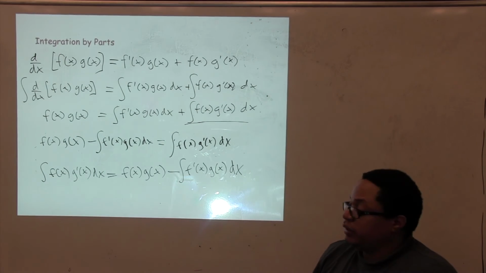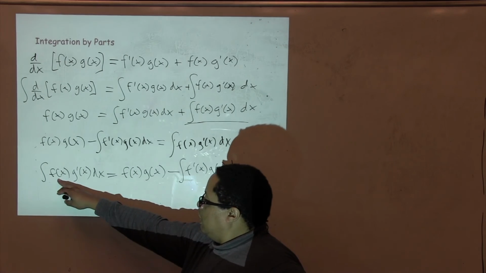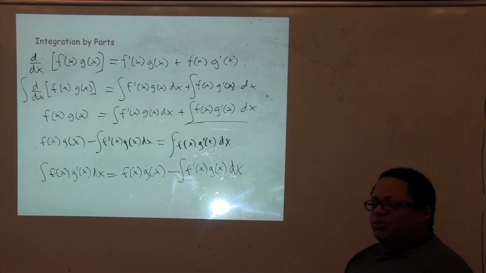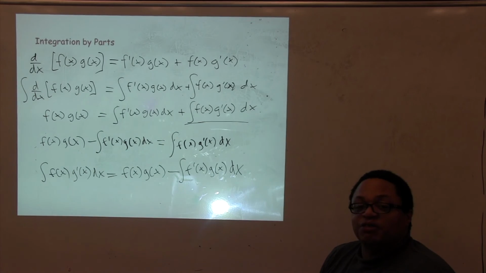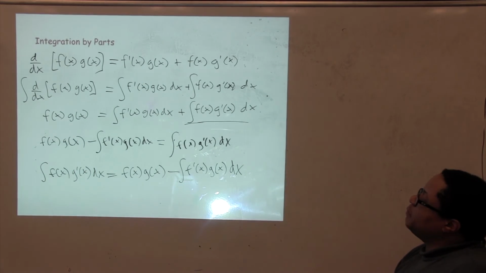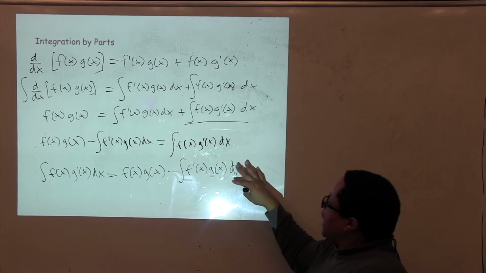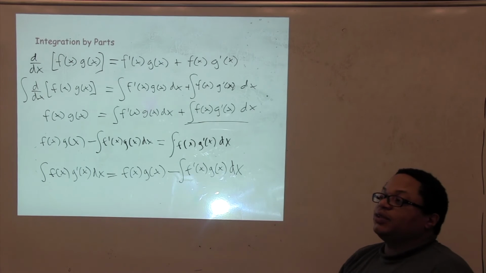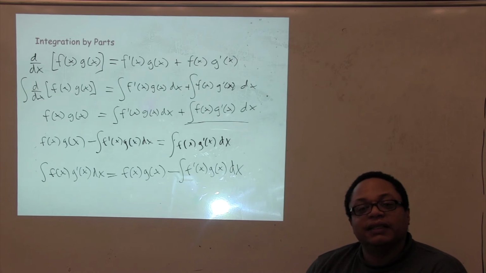And if I choose which of my functions in the original expression is the f of x term and which is the g prime of x term, if I choose them wisely, I can get an expression that's simplified, right? So what do I mean by that? When I say it's simplified, I mean that when you take an expression of this form and reduce it to that form, it actually gets easier to solve. Easier to solve means that an exponent decreases or a term goes away, right?